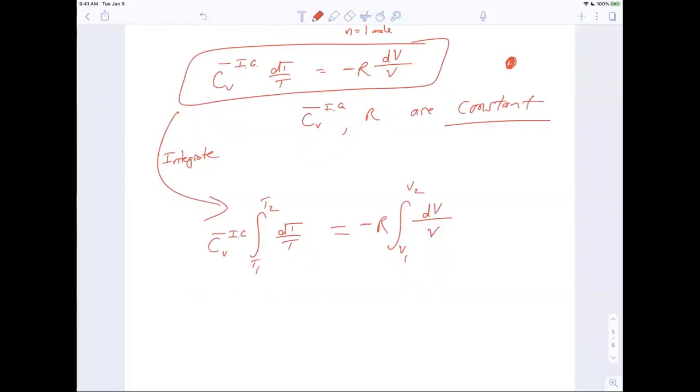You've seen this before. Does anyone remember what the integral of 1 over x is in its most general form? ln, that's right. So this is just going to be an ln term. Of course, I'm going to have ln of x final and ln of x initial, but when we take the difference of two logs, it's just the log of a ratio. So this is just going to be ln T2 over T1.